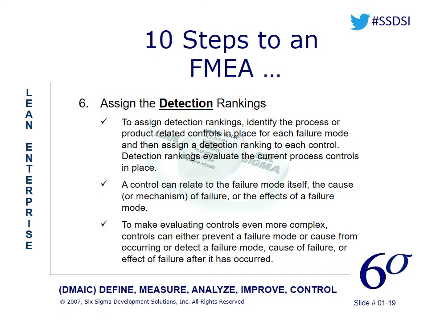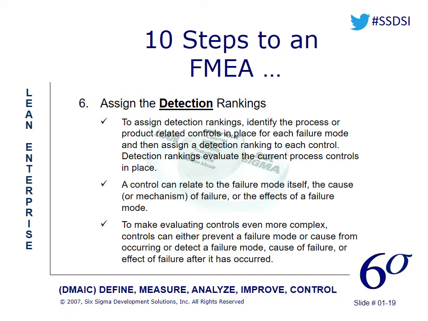A detection of 1 means that either we prevent the failure mode from happening, or we have some kind of tool called a poka-yoke, or mistake proofing process, to mitigate the effect of that failure mode to where it has no effect.